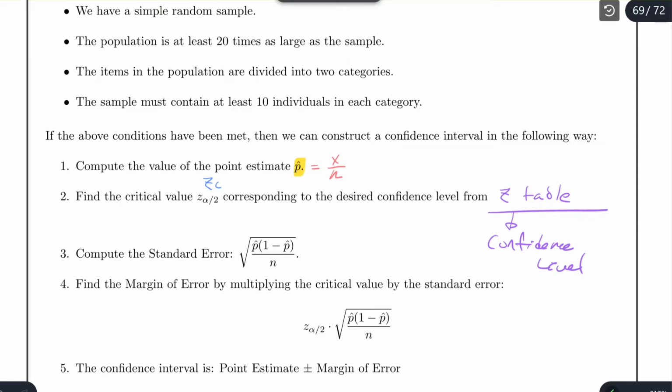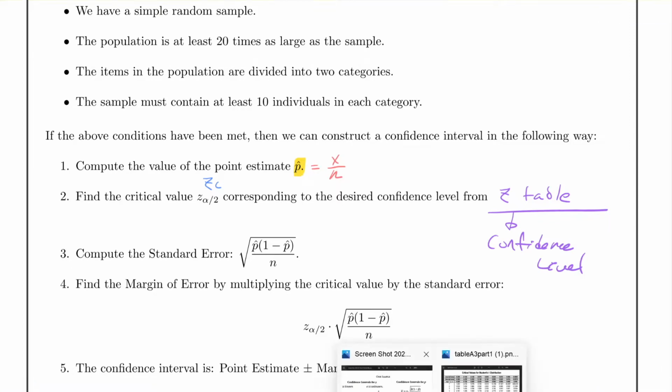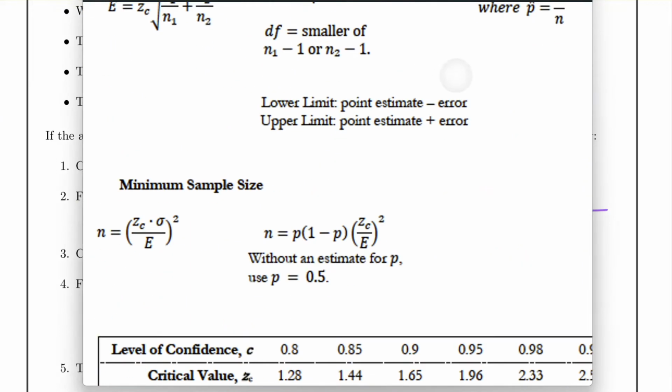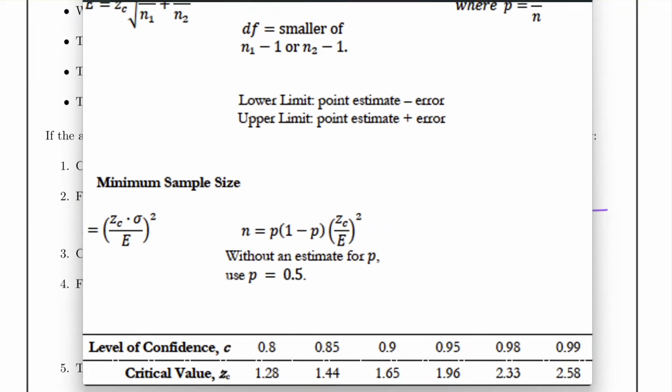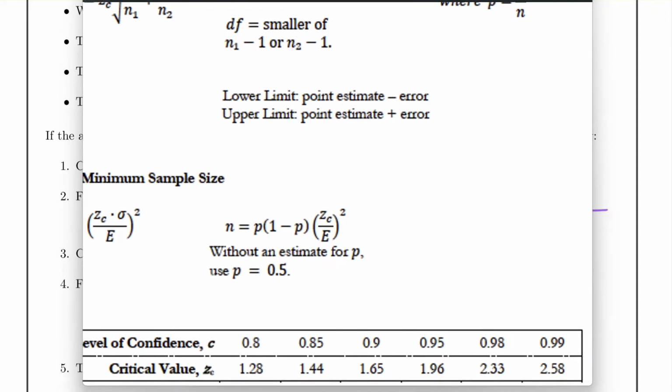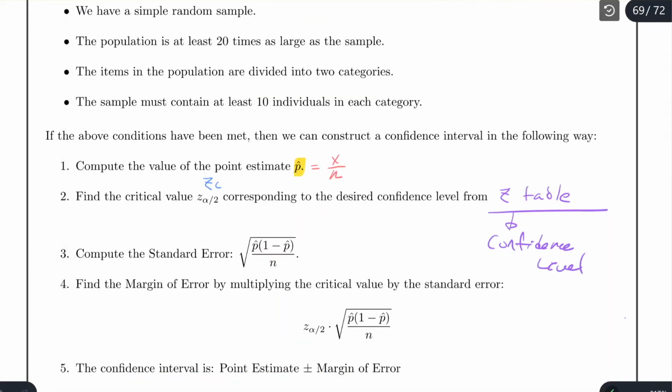Let me show in the picture. I'm referring to this one right here. We can use this table for proportion problems. We don't look at the whole Z table as we discussed in one of the earlier videos. So we can use this table to find a critical value with the corresponding confidence level.